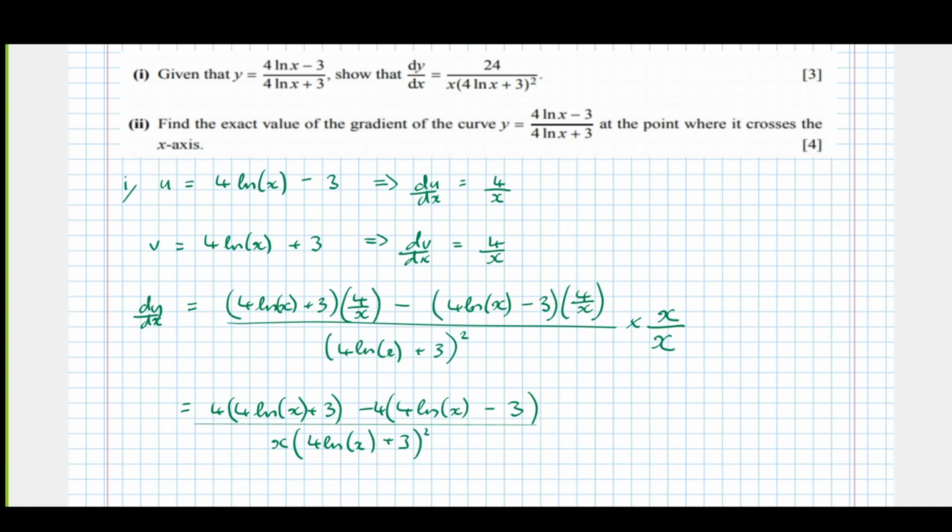So we're a bit closer now. We can see that the denominator matches what we need it to. So now the top becomes 16 log x plus 12. Then take 16 log x and minus 4 times minus 3 is plus 12.